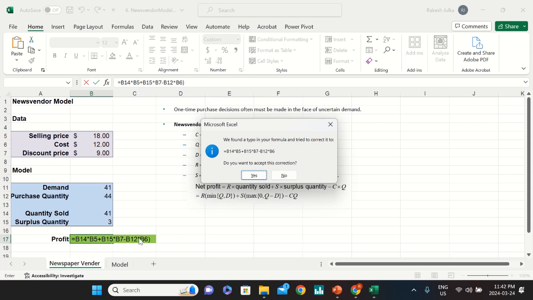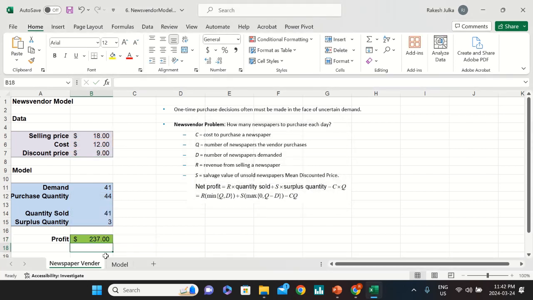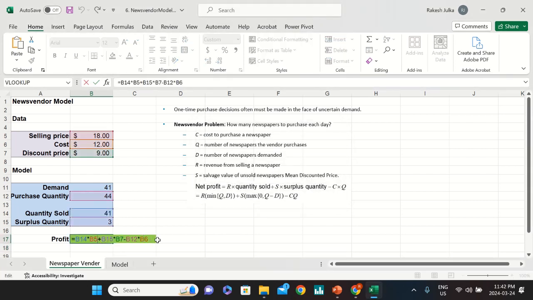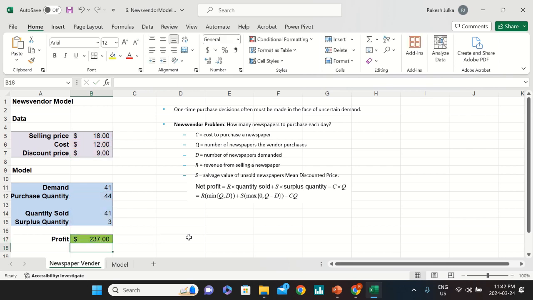So what do we have here? Let's see, 237, right? The bracket was not required, so that's why there was an error. But now what we have calculated, 237, is the profit in a day.